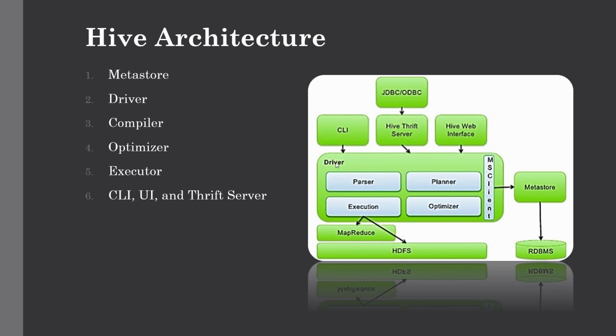Then we have the planner which plans the execution. Then the optimizer optimizes the plan and creates a DAG graph, and then the executor communicates with MapReduce and converts our job into a MapReduce job, which will then process our data and we can get the results as desired.